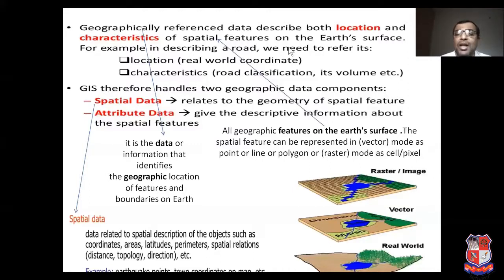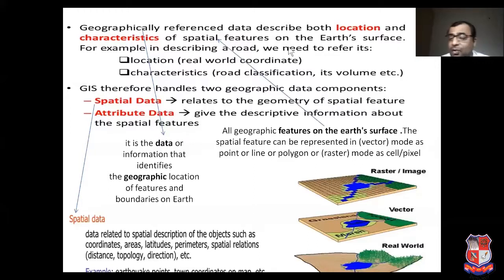Now spatial data again relates to the geometry of the spatial features, as we have seen in the discussion. And second is the attribute data that gives the description of the information about the spatial features. You can see in the figure given on the right hand side bottom of this slide. The bottom figure is the real world situation or scenario.